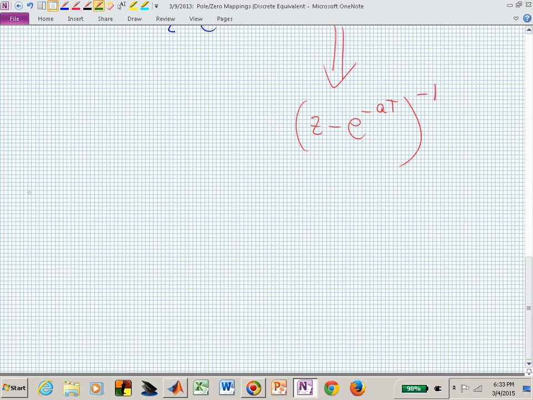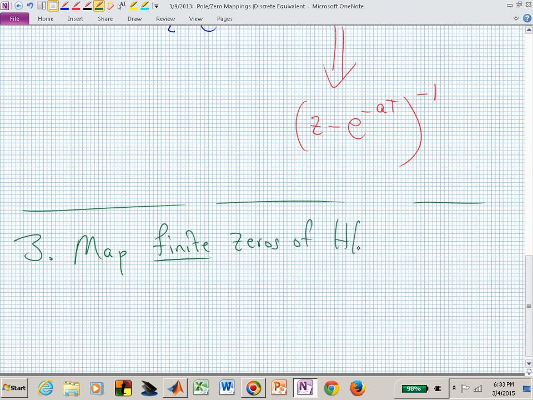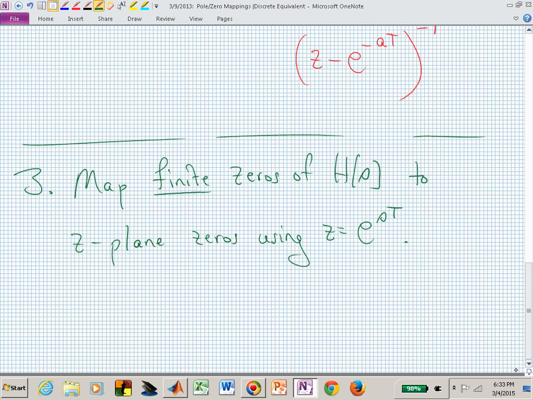Now we do the same thing, or something similar, with our finite zeros. We map our finite zeros of H of s to z-plane zeros using exactly the same relationship or mapping between s and z.